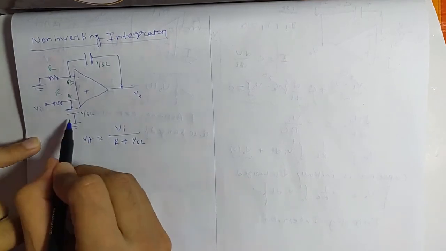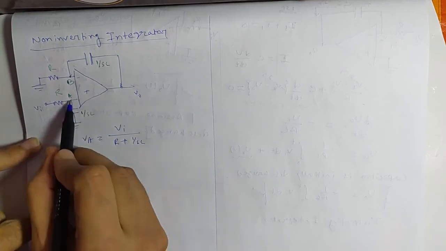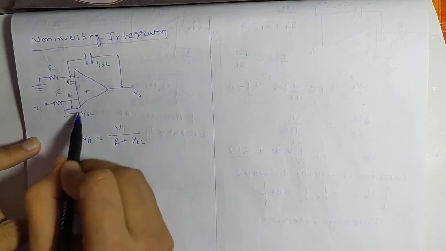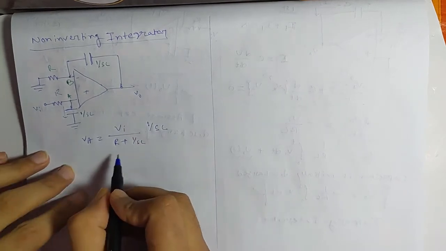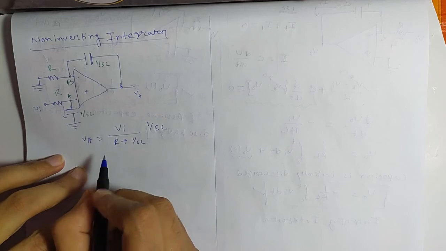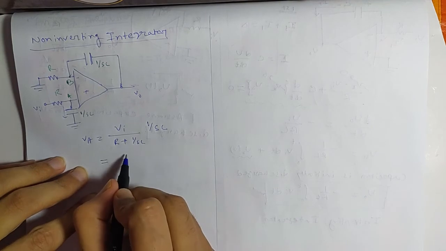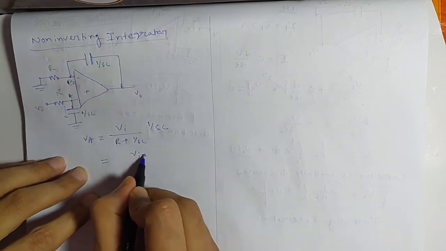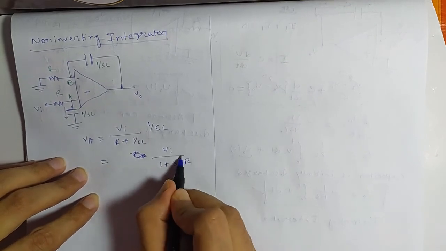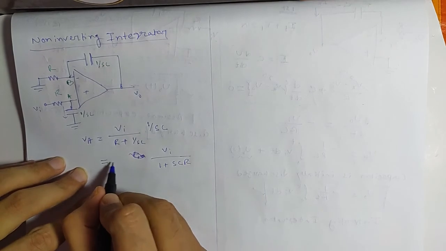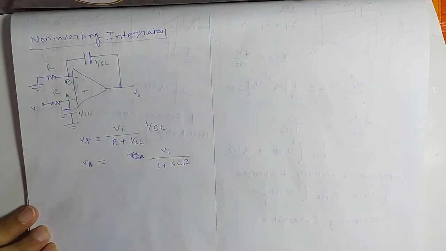So this current will be VI by R plus 1 by SC. So that will be the current through this, and the potential at this point will be the drop across this, multiplied by 1 by SC. Or you can write VA equals VI by 1 plus SCR. So that will be the A node potential.